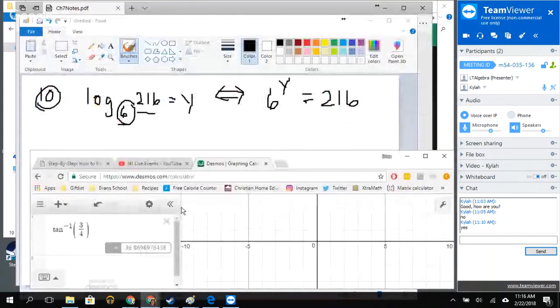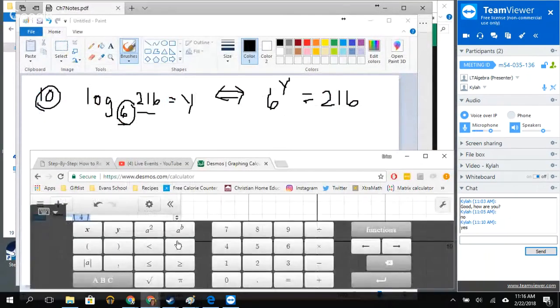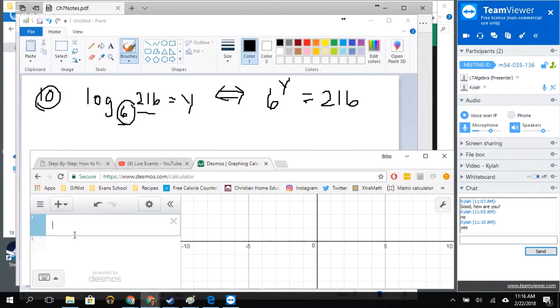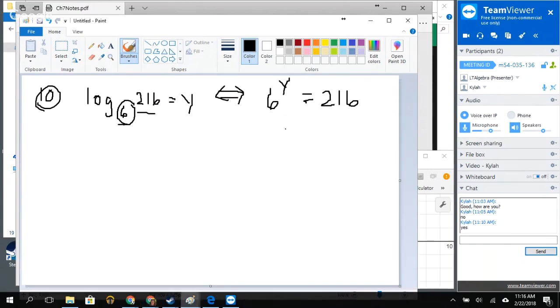So if I do 6 to the third power, I get 216. So it's okay to use your calculator to figure out what that exponent is. So this means y equals 3. Okay, so 6 to the third power equals 216.